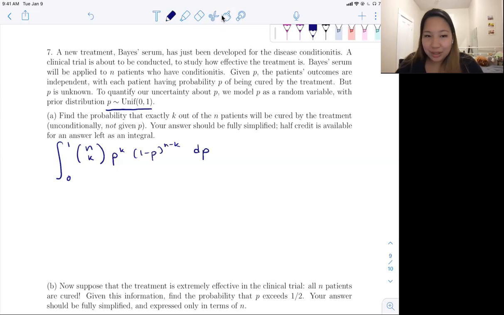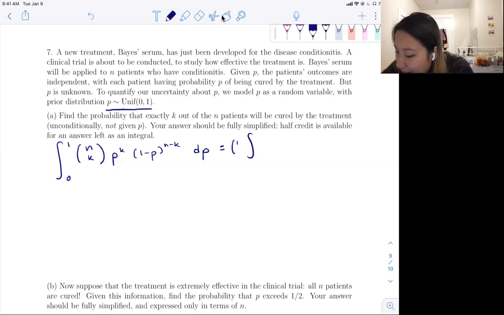So let's take out the N choose K. This is going to be equal to N choose K times the integral from 0 to 1 of P to the K, 1 minus P to the N minus K.